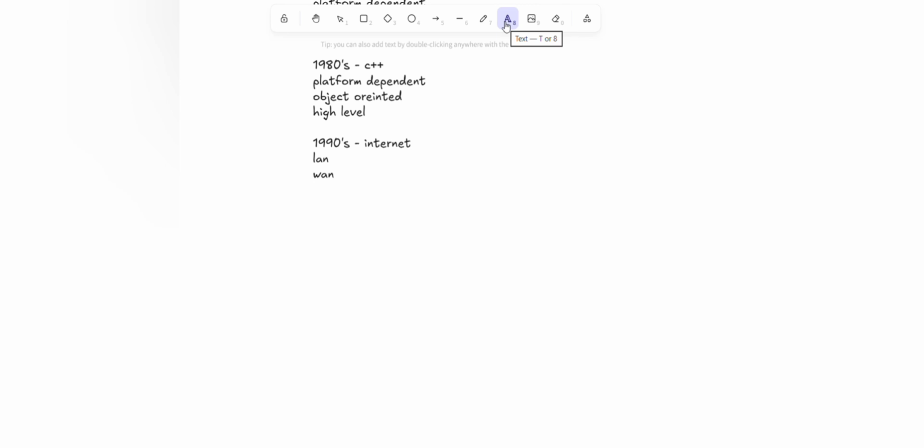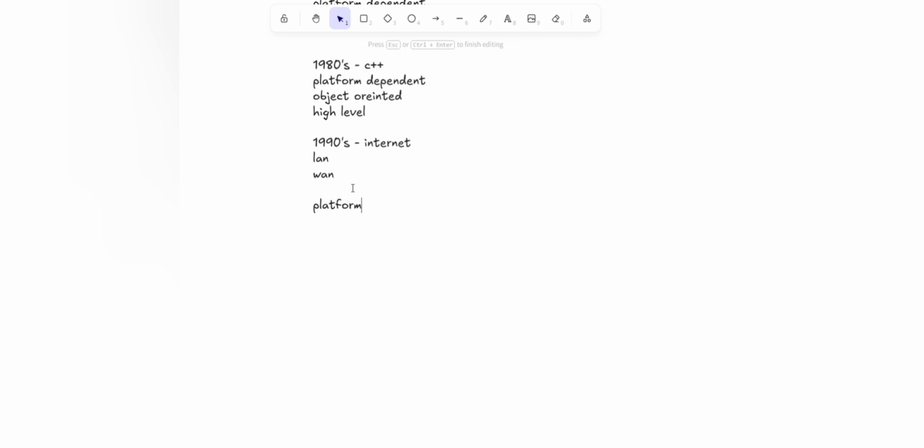But platform independent languages solved the problem of portability. Using them, we can develop applications that run on every platform, whether Windows, Linux, Mac, or Android.